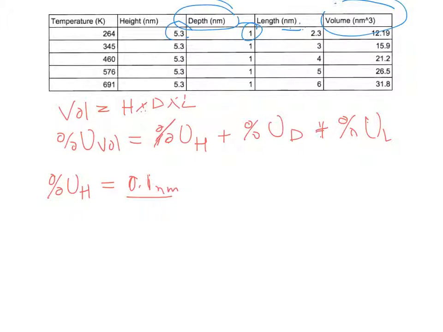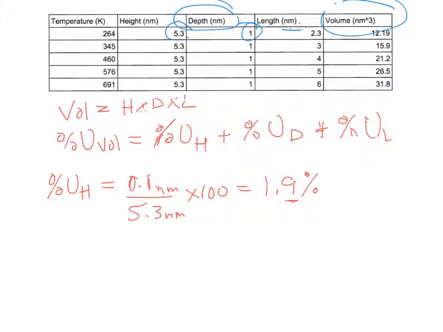And just divide that by the measurement, multiplied by 100, and that gives us a little under 1.9%. So anytime we have a percentage uncertainty below 2, we keep one decimal place. Above 2, we keep it to the whole number value.